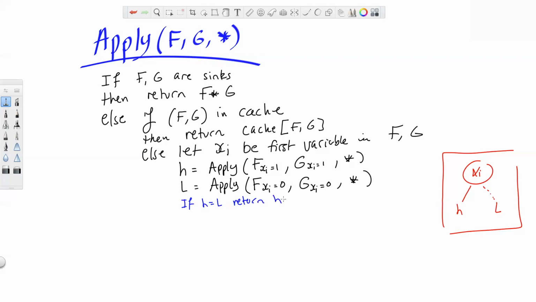Merge rule, remember, says you have this guy, but you have another guy exactly like it that you've already constructed, labeled with Xi, with this as the high child and this as the low child. And to avoid being in a situation like this, what OBDDs do is you have another cache. That cache keeps track of every decision node that you constructed.